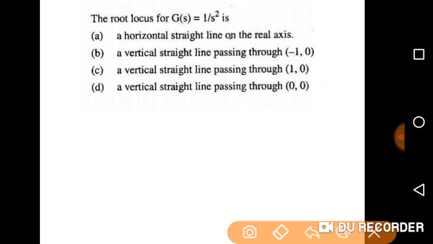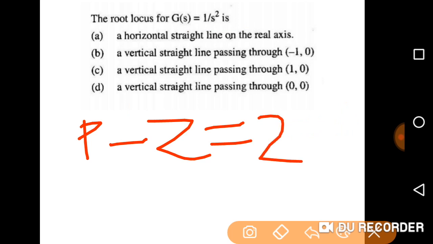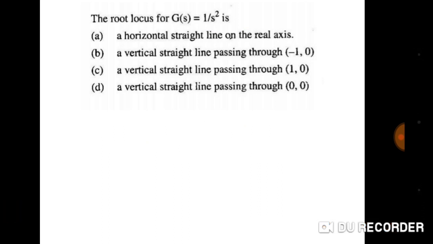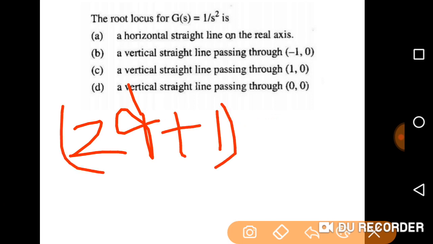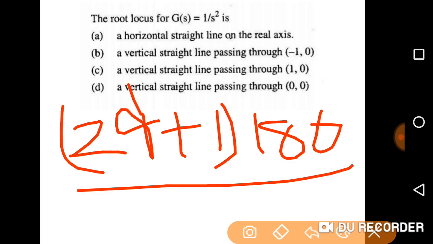The number of asymptotes is the number of poles minus the number of zeros, that is equal to 2. So two asymptotes are present here, and we also have to find out the angle of the asymptotes. The angle of asymptote is (2q plus 1) multiplied by 180 degrees divided by p minus z, where q equals 0, 1, 2, consecutive values.